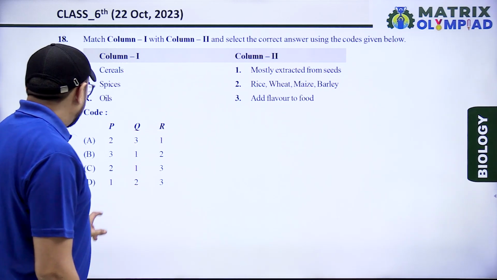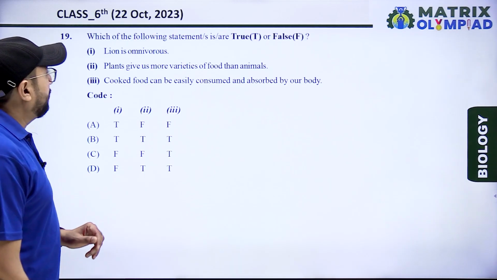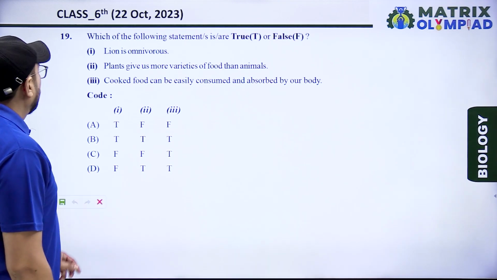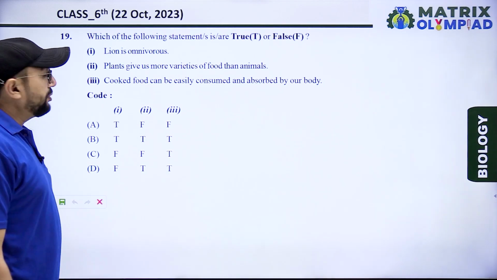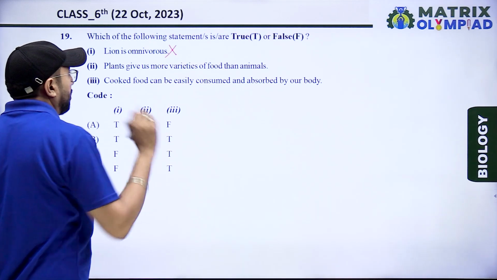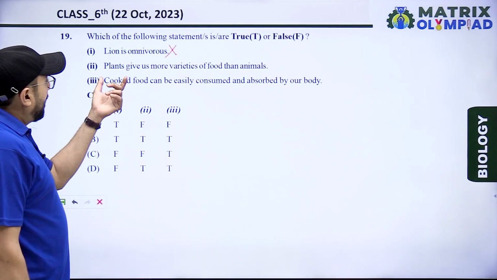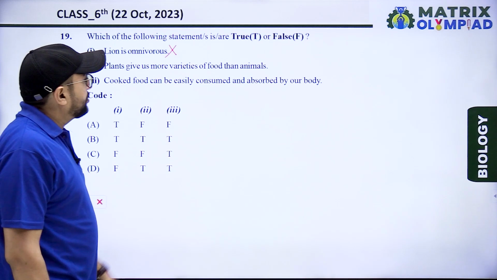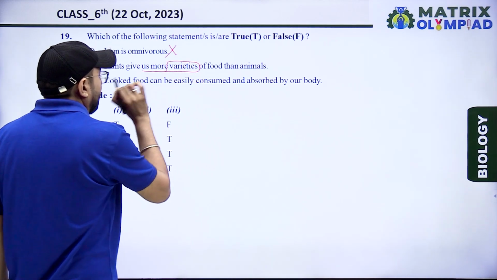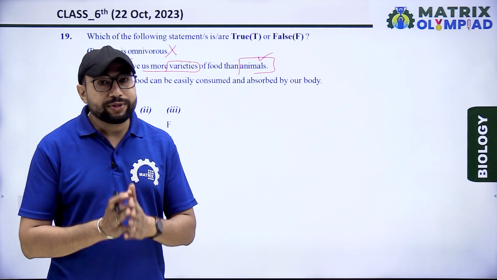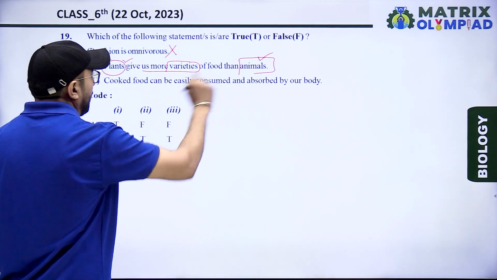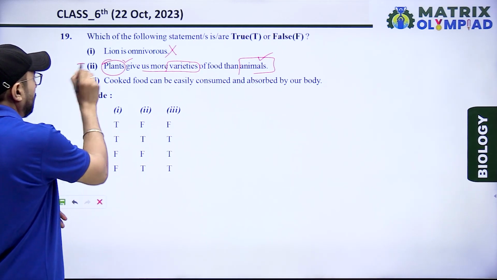Next. Which of the following statements are true and false? First, lion is omnivorous. No, lion is carnivorous. Wrong, false statement. Plants give us more varieties of food than animals, right? More varieties: medicines, so many fruits, vegetables. So varieties are more compared to animals, true.